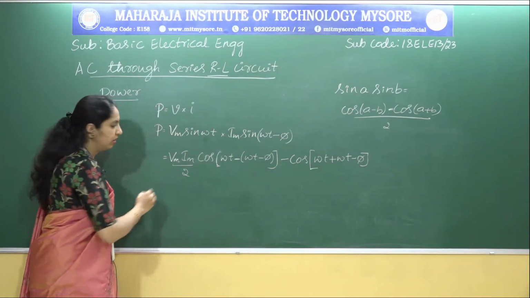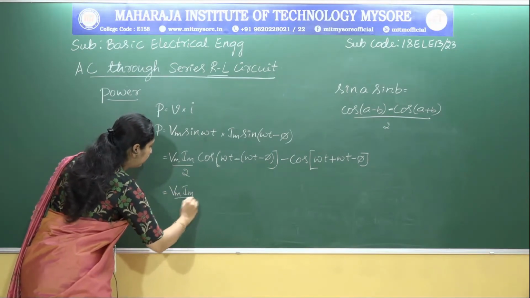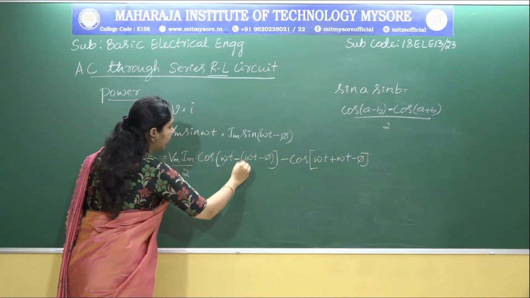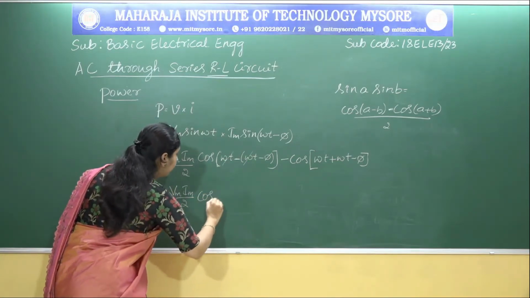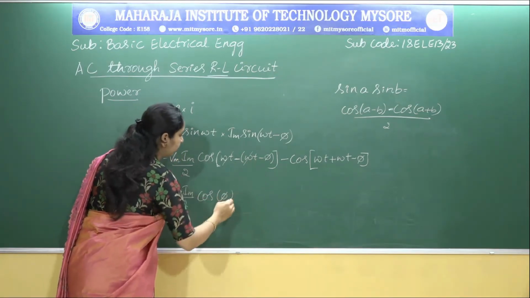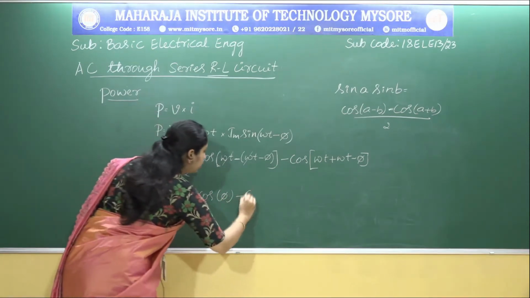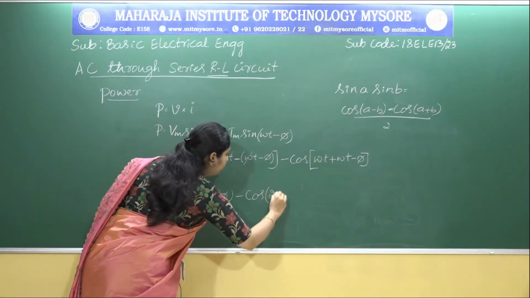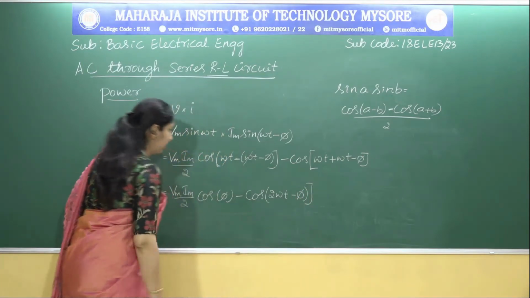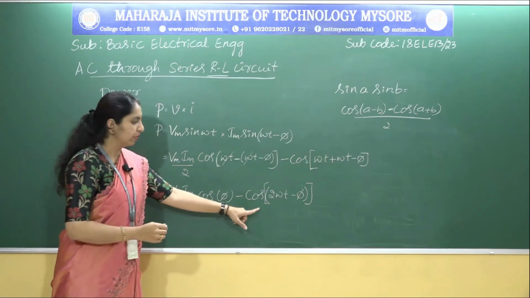So we have Im Vm divided by 2. The omega t gets cancelled, so we get cos phi, because minus into minus becomes plus, minus cos of (2 omega t minus phi).